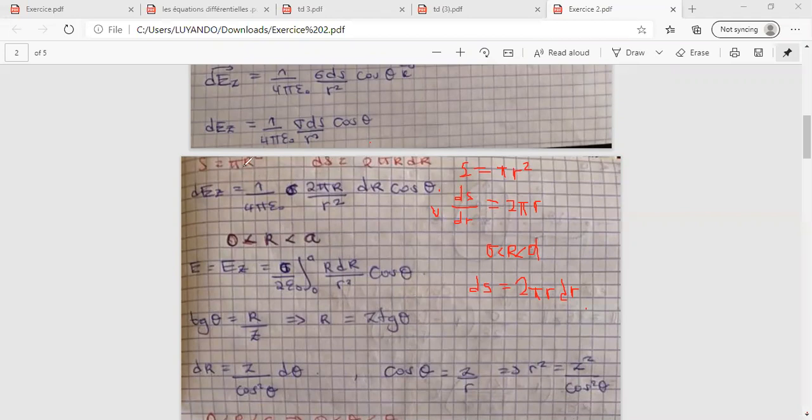So my s is equal to pi R squared, and my ds is going to be 2 pi R dr, which is the same thing that I'm showing you here.